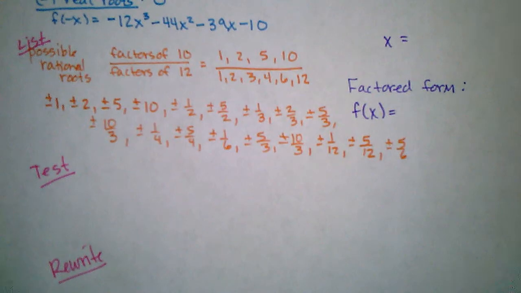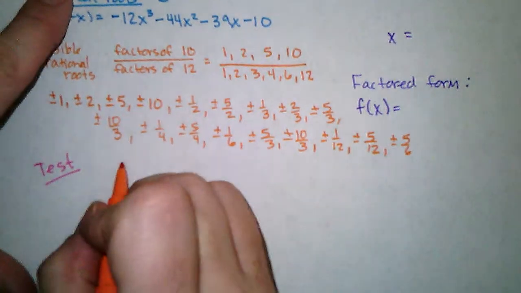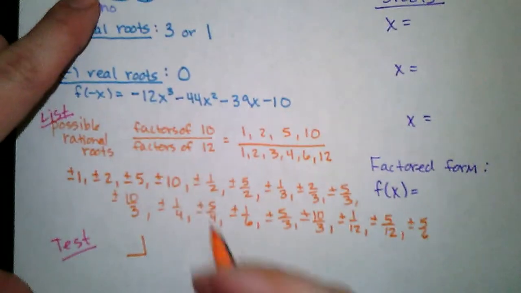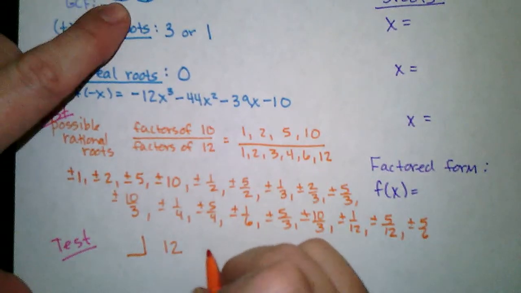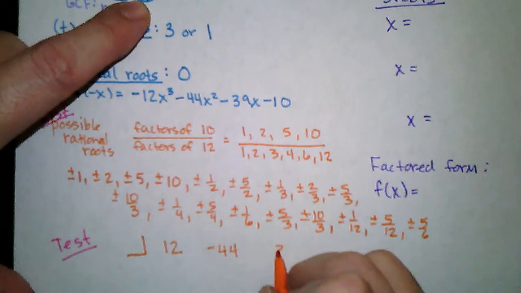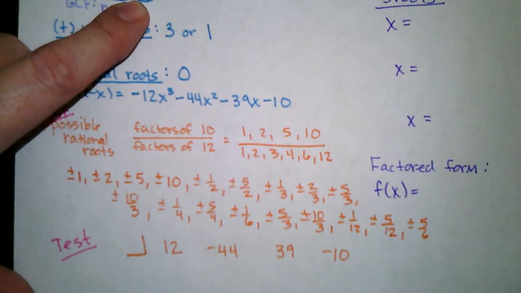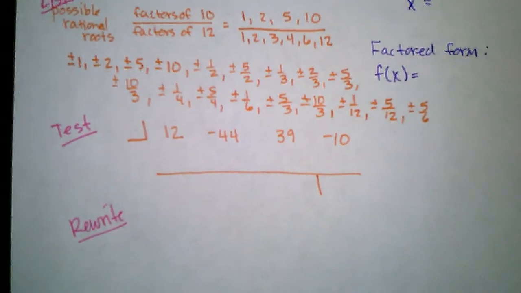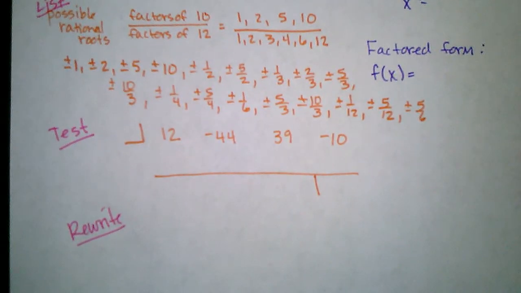So when we test, we're going to use the coefficient row, and we're going to put numbers in the boxes here. So our coefficient row would be 12, negative 44, 39, negative 10. And I'm just going to be real honest with you here.